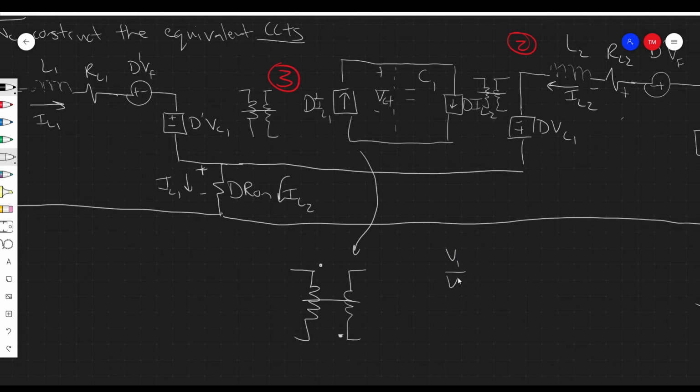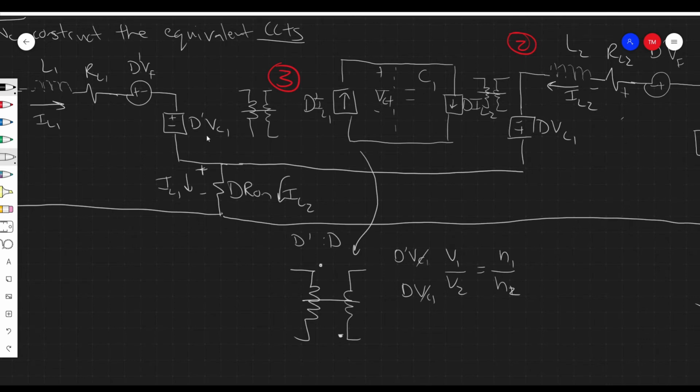And we know that V1 over V2 is equal to N1 over N2. V1 turns out to be d prime VC1, and V2 is d VC1. If we cancel this out, it tells us that N1 is d prime and N2 is d. And you might be thinking, shouldn't there be a negative sign? Well, I've accounted for the negative sign by flipping the dots.